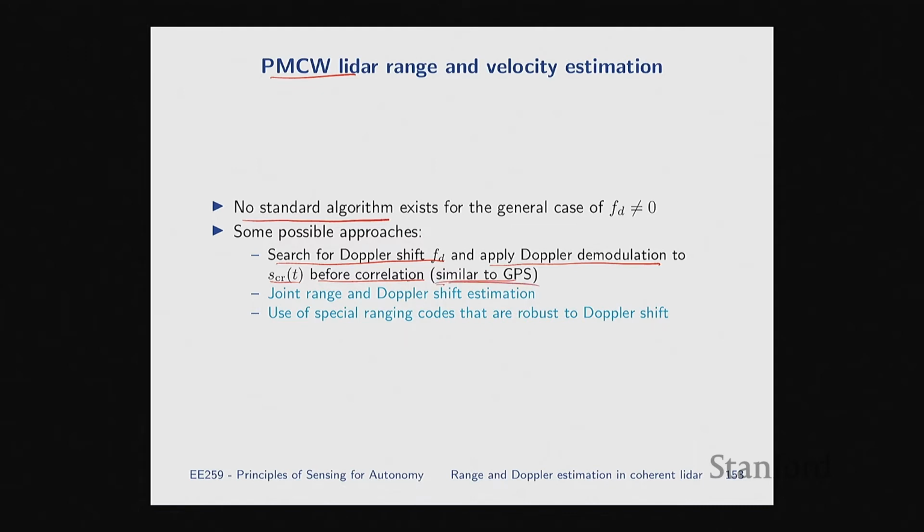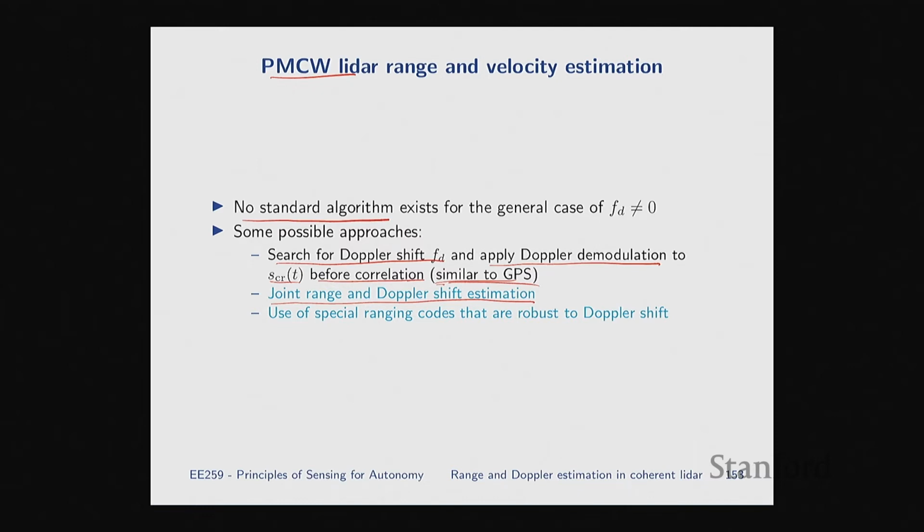That's one idea. Other ideas are quite interesting, and I've linked some research papers here. One is there are some algorithms in DSP which can jointly estimate range and Doppler. Pretty interesting. You just formulate it as a joint optimization problem. Or another very interesting research track is, well, you don't have to transmit M sequences.